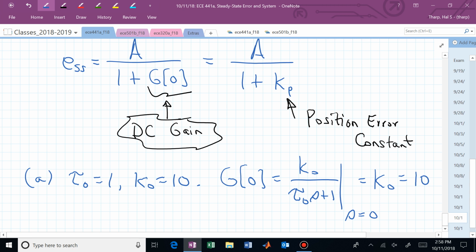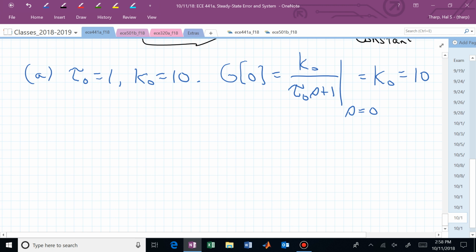So in this particular system with these parameters, k sub 0 equal to 10 and tau sub 0 equal to 1, we now have an error steady state equaling 1 over 1 plus k sub p. The position error constant is this k sub 0 in this case, which is 10.